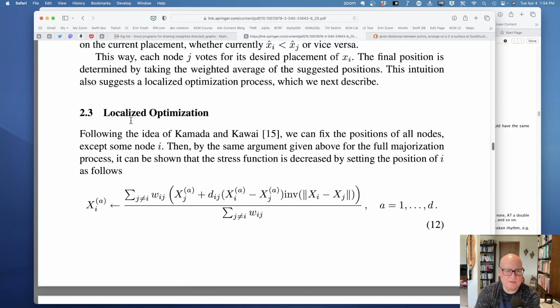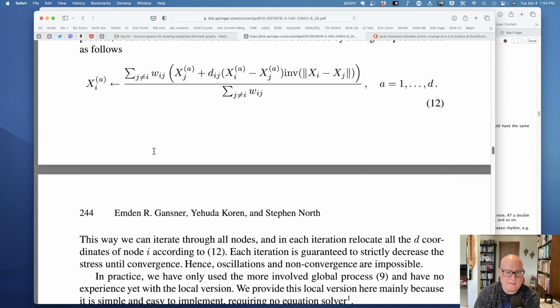So this one, Kamada-Kawai. The idea is to fix the position of all nodes except one node. So whatever graph you have, take one node and find a position on the graph that's better for it. If you do that, you can lock one node, then move to the next one, try and get better, next one better, next one better.